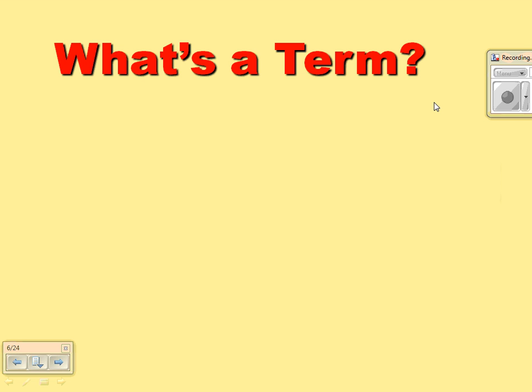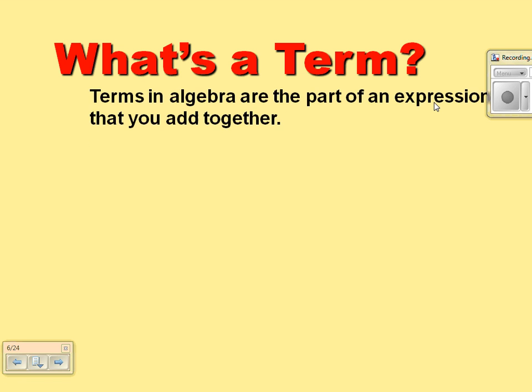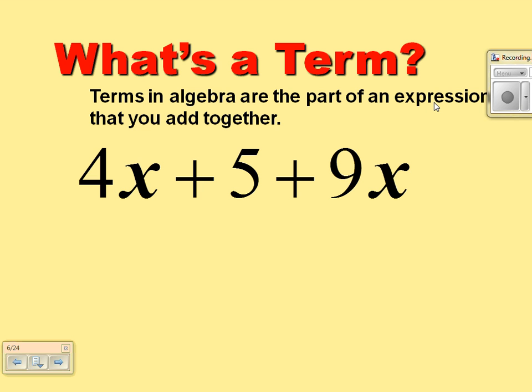The first question I have for you is, what's a term? Terms in algebra are the part of an expression that you add together. If you look at the definition, terms in algebra are the part of an expression that you add together.